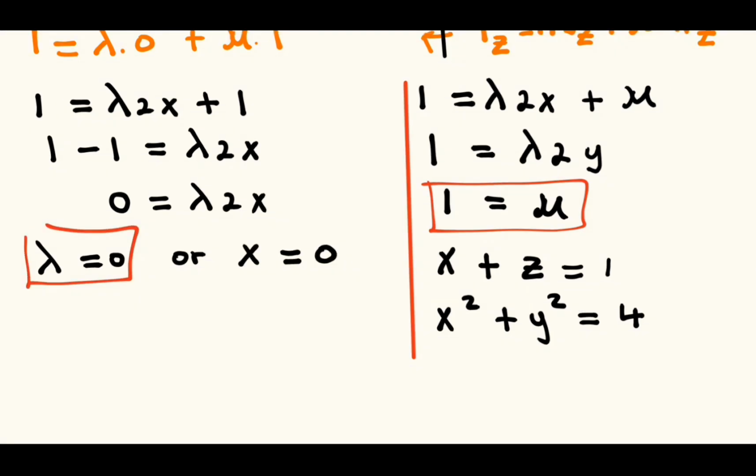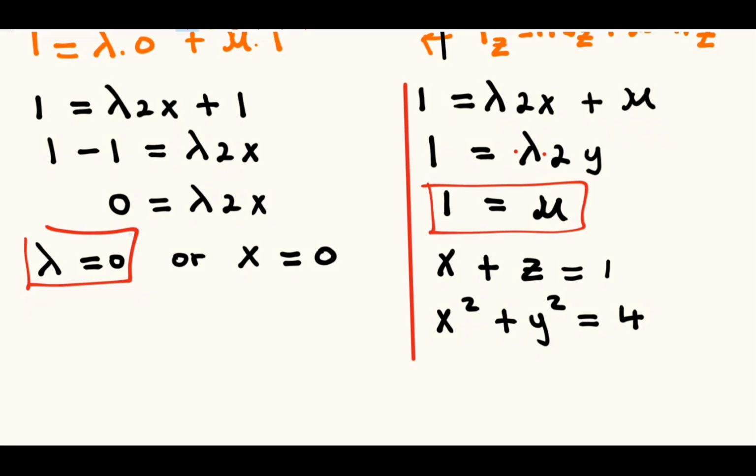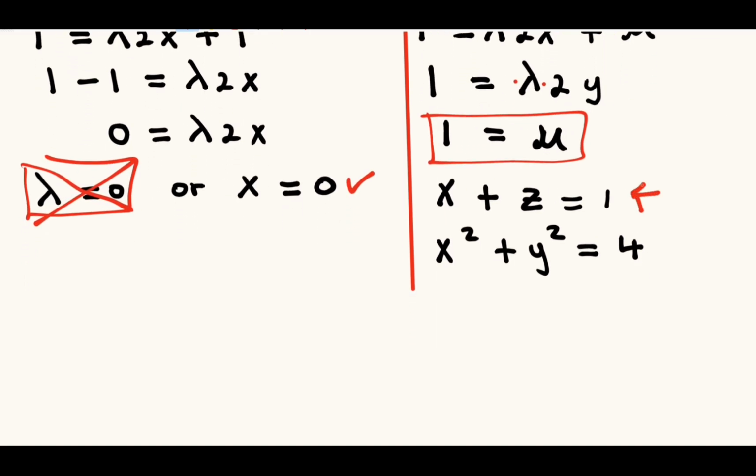If lambda is equal to 0 and we substitute 0 for lambda in that second equation, 0 multiplied by 2y will be equal to 0, and we'll have a contradiction where 1 will be equal to 0. So lambda equal to 0 will not be a solution. Instead, x equal to 0 will be the correct solution.